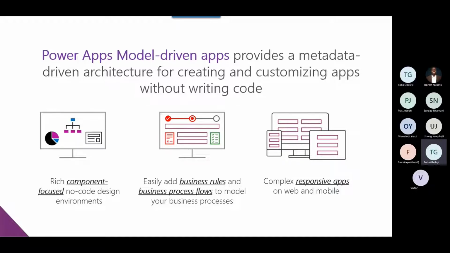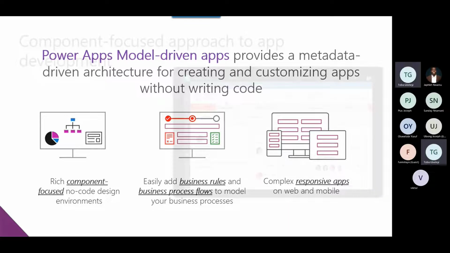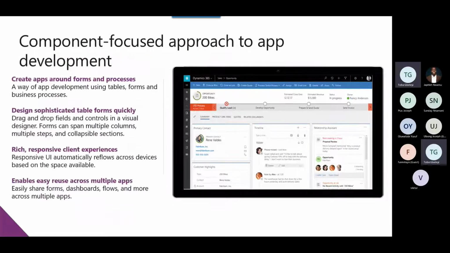The apps that you build using model-driven are complex but responsive apps, which are responsive on mobile and web. As you can see on screen, this is a sample of a model-driven application, which I'm going to take us through building in a short period of time.